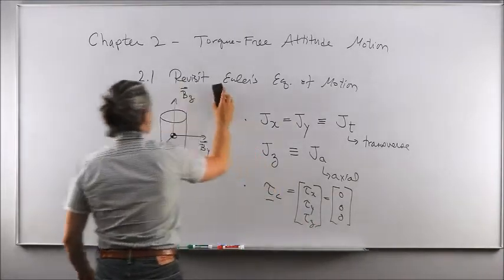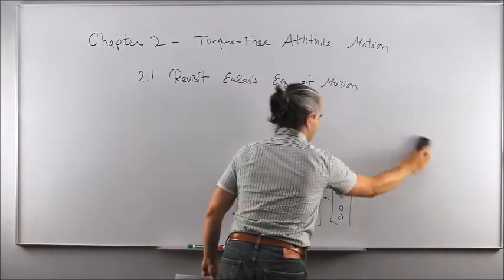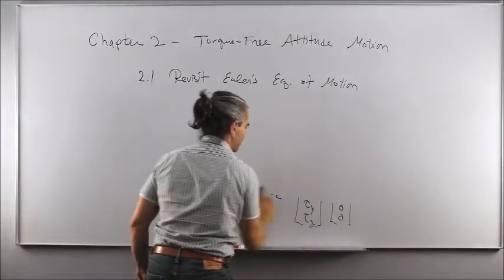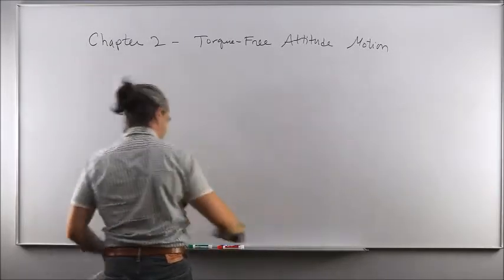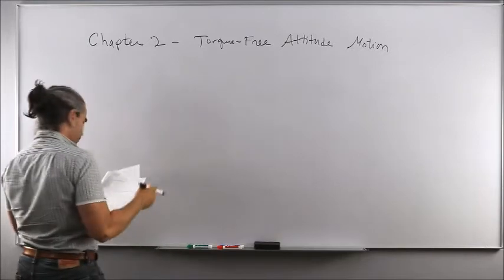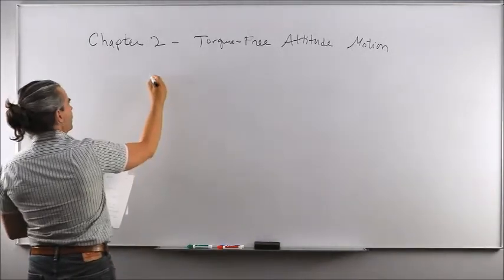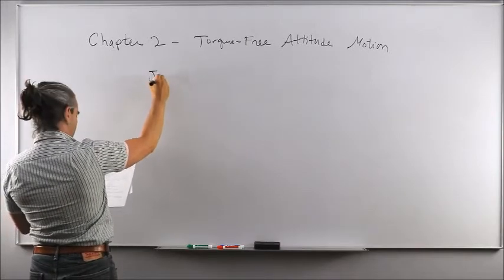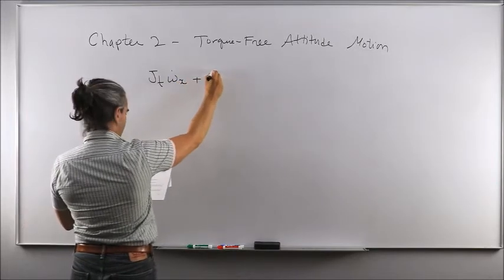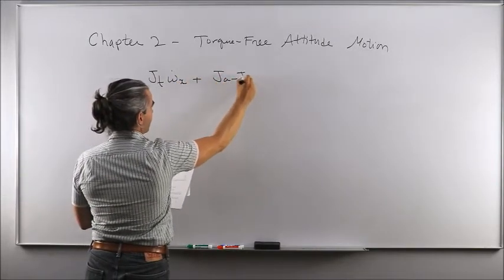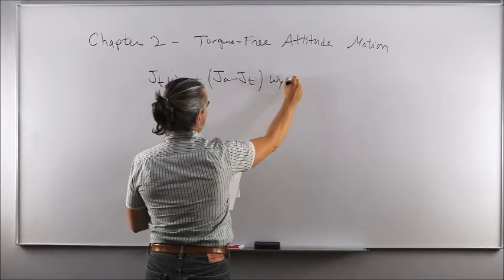So let's go back to our previously obtained equations of motion using Euler's equation, and let's make those modifications to the dynamical equations and see what we obtain. So if you were to take the last three equations we saw in chapter 1, we're going to end up with Jt omega x dot plus (Ja minus Jt) that multiplies omega y omega z.